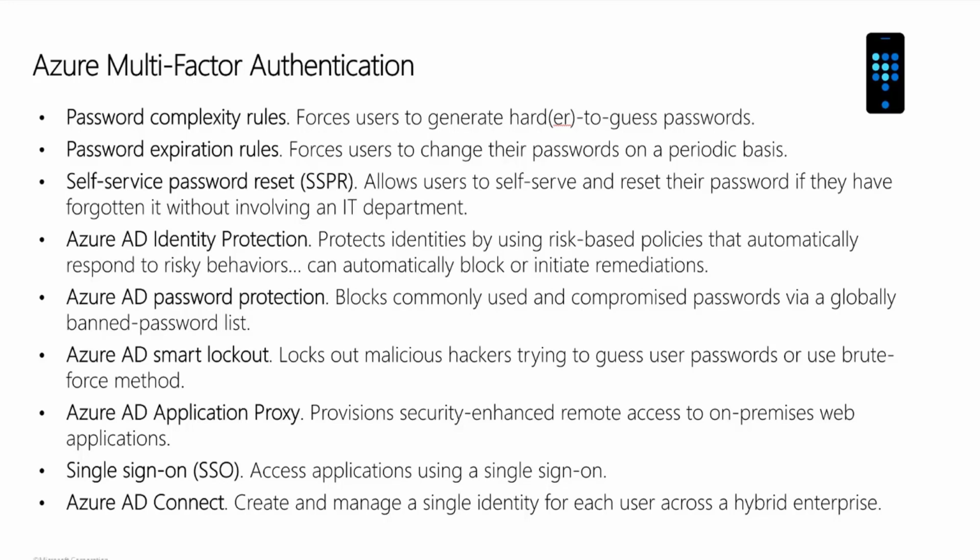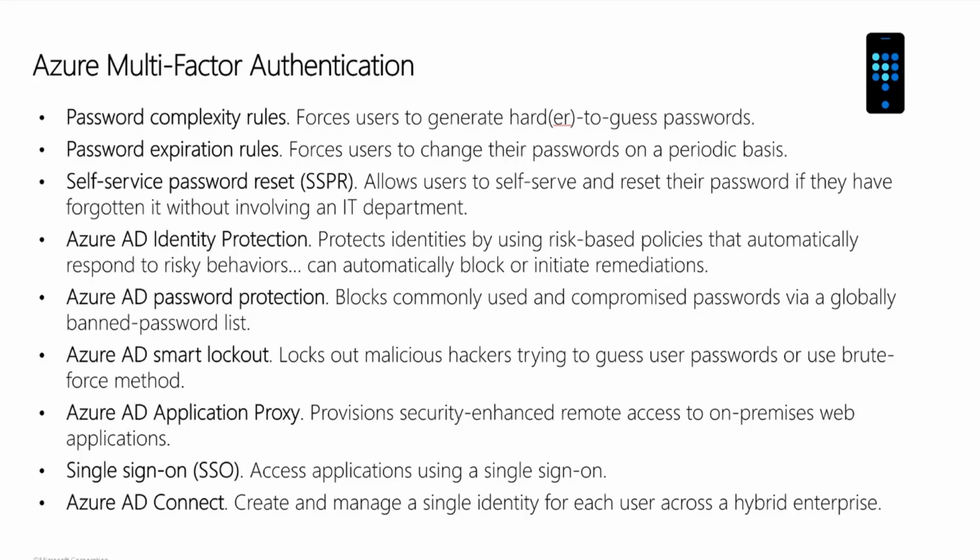Azure AD Smart Lockout helps lock out malicious hackers who are trying to guess your users' passwords or use brute force attacks to get it. It recognizes sign-ins coming from valid users and treats them differently than the ones from malicious hackers or other unknown sources. Azure AD Application Proxy: you can provision secure remote access to your on-premises web applications.